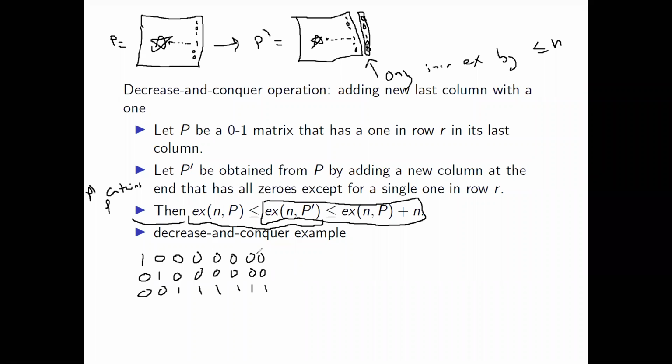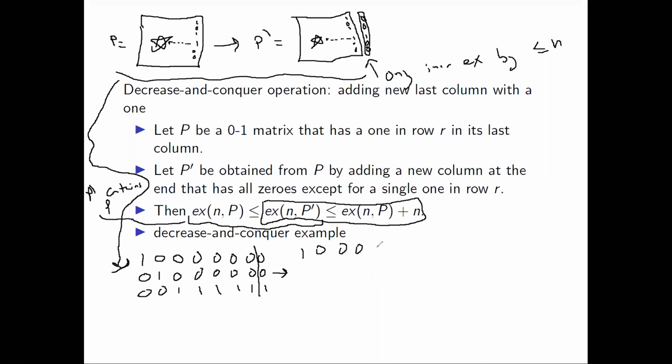So we take this matrix and we want to use this operation to reduce it to a smaller case. So this operation up here, we want to use that down here to reduce this. So we're going to reduce it by cutting off the last column. So we're going to get this first row now of length 7. And we lost that last column. Now we're going to do the same thing. We're going to reduce this one down.